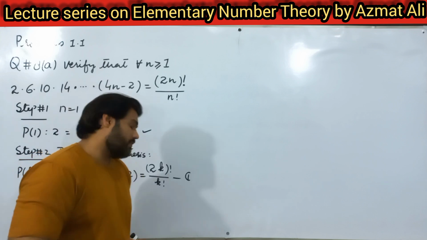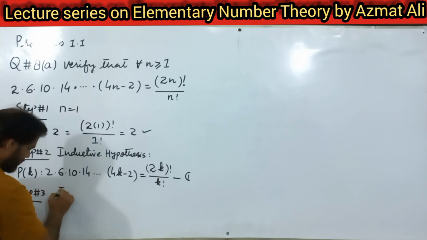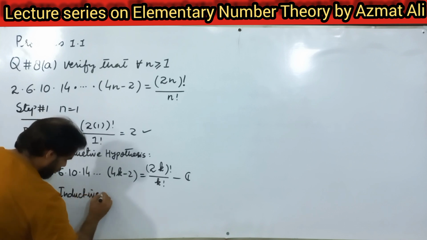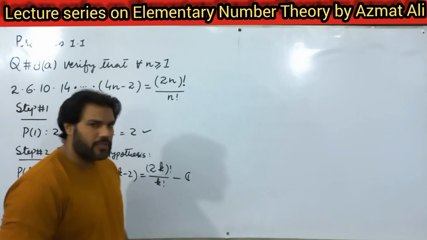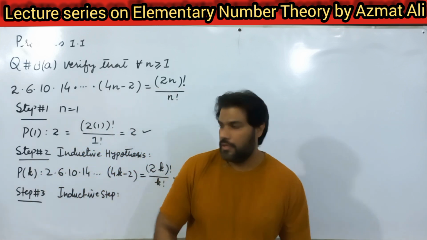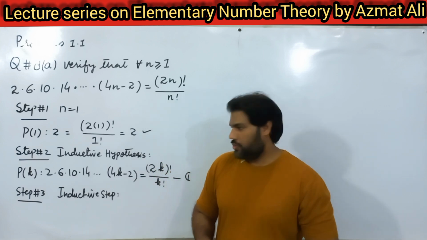Next, this is my step number 3, that is called inductive step. In this step, we show that the statement is also true for n is equal to k plus 1, the very next number then k, whenever the statement is true for n is equal to k.